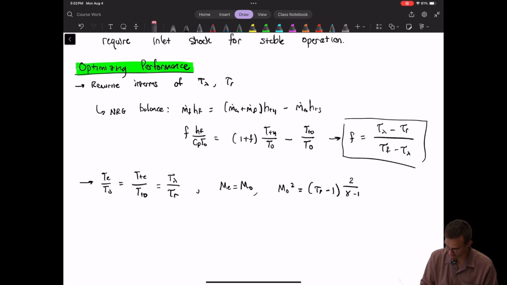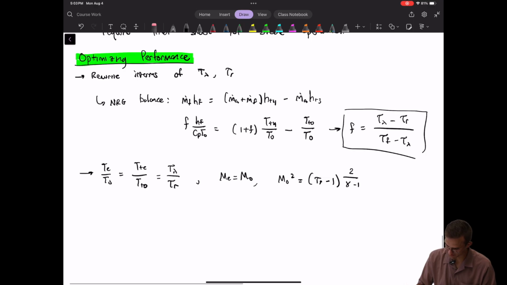That's just a definition. Using this equation here, we can also write that 1 plus f can be written as tau f minus tau r over tau f minus tau lambda.